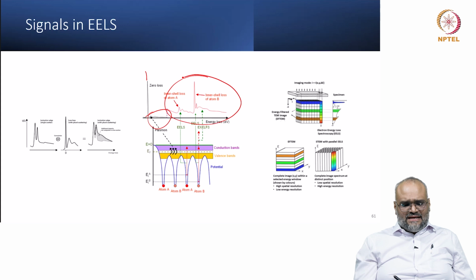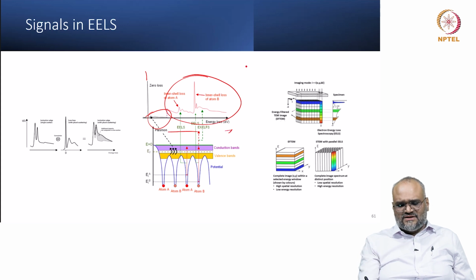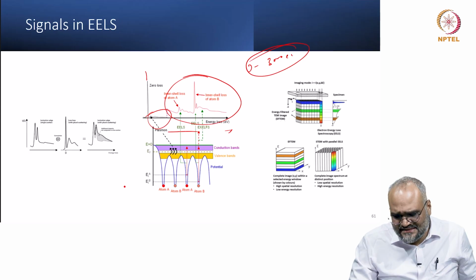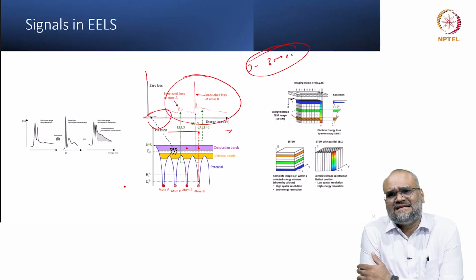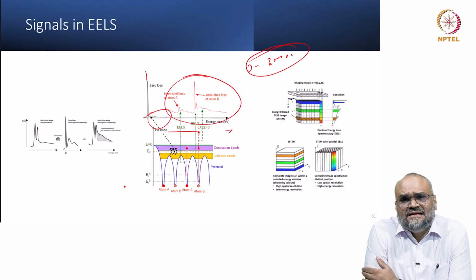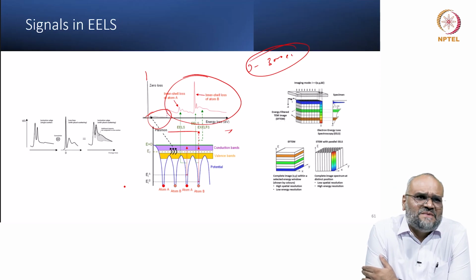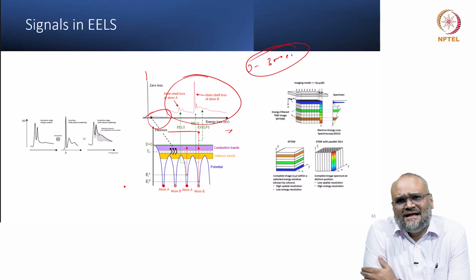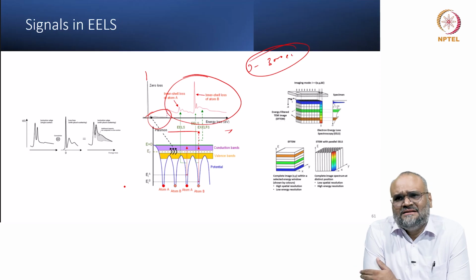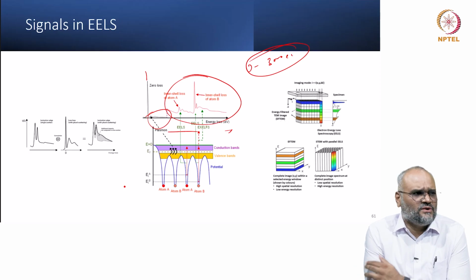Typically this is recorded over a range of 0 to 3000 electron volts, and this covers most of the elements, and typically EELS is extremely sensitive to low atomic number materials. You can also measure the thickness of the specimen from the bulk plasmon peaks, and with a very high resolution EELS spectrometer you can also get information on surface plasmons and so on.